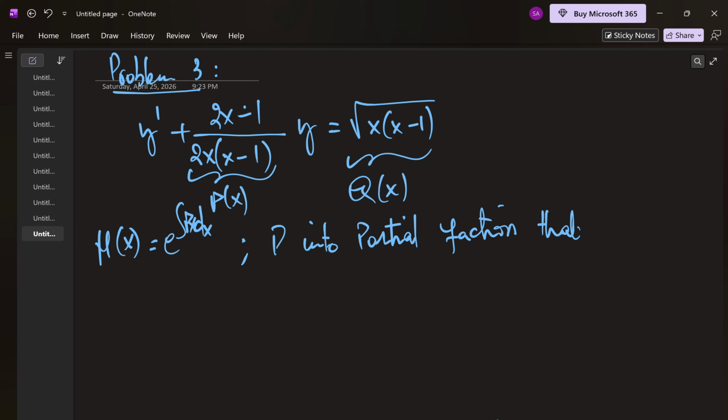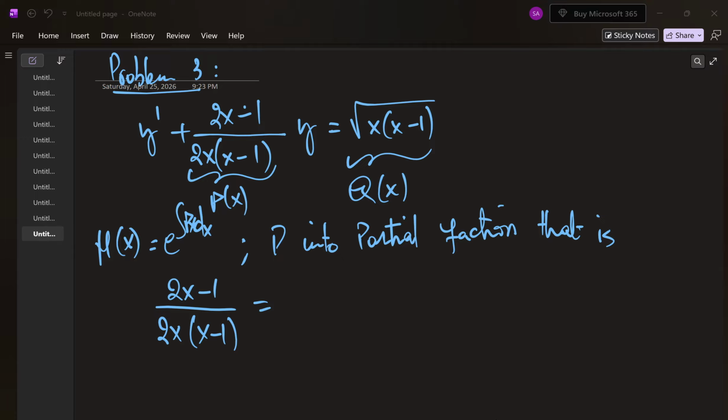That is, 2x minus 1 over 2x times (x minus 1) is equal to a over x plus some constant b over x minus 1.